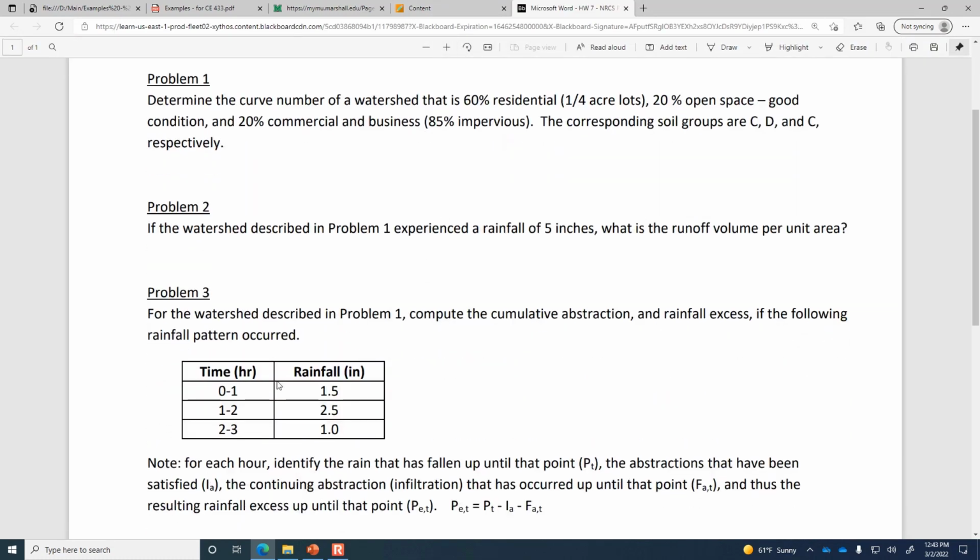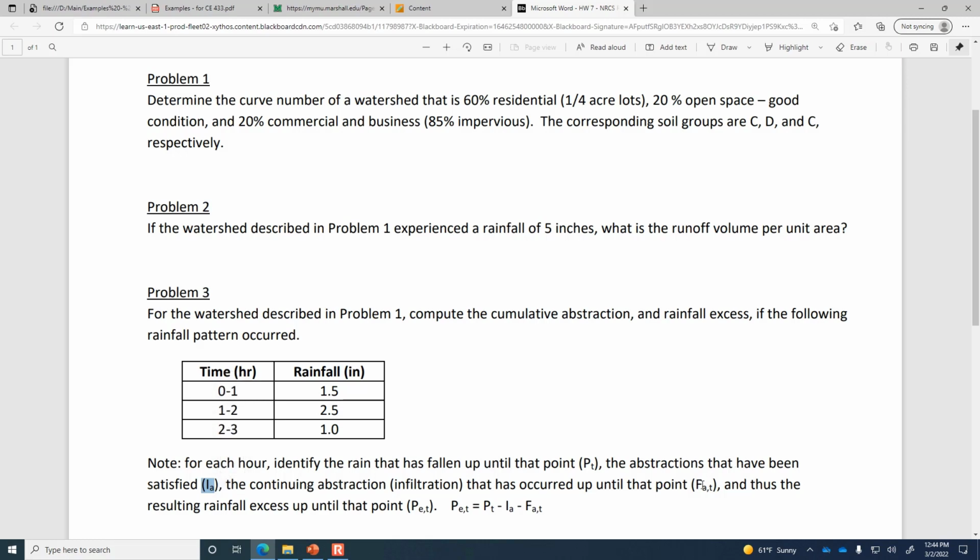You're told that during the first hour there's 1.5 inches of rain, during the second hour 2.5, and during the third hour 1 inch. What we want to know is, for each hour, how much precipitation has there been to that point, and it's cumulative. And the abstractions that have been satisfied up to that point. Initial abstraction is an amount you can calculate based on the storage quantity, but how much of that initial abstraction has been satisfied?